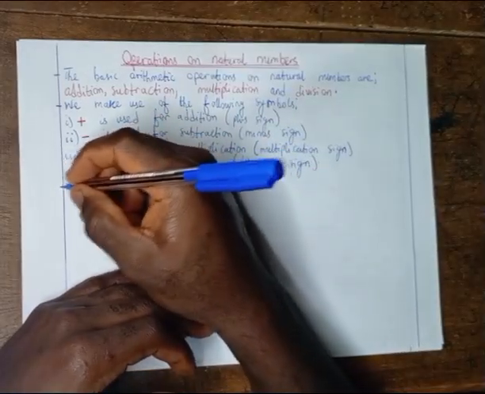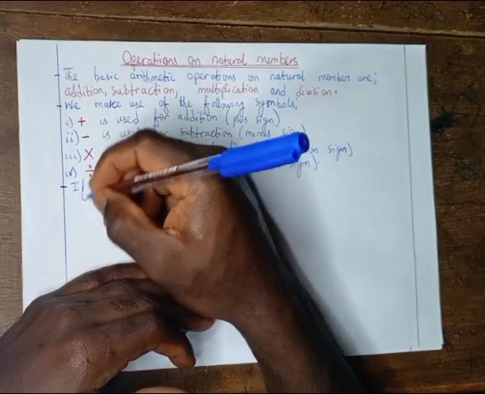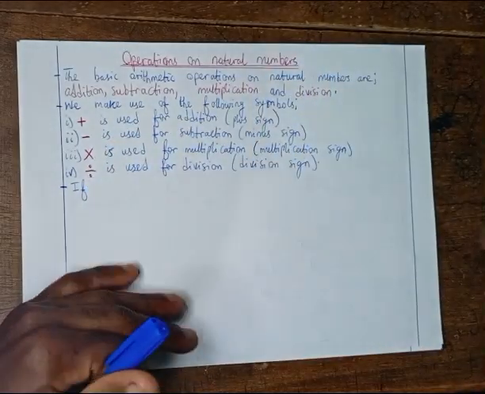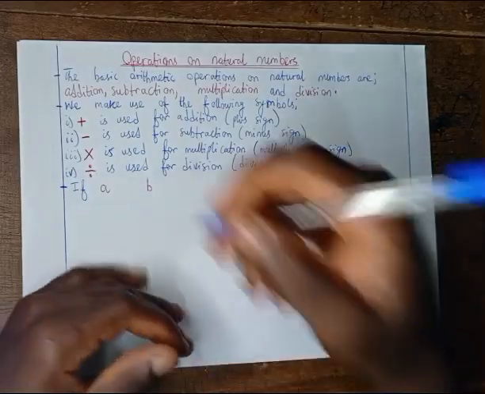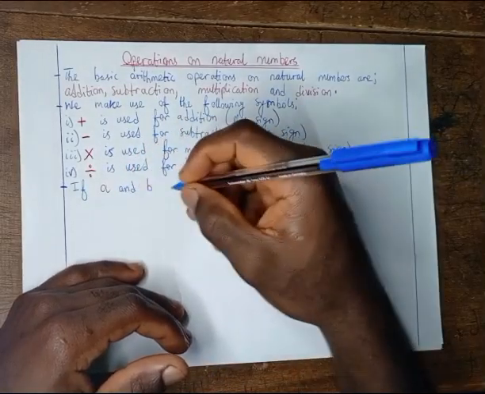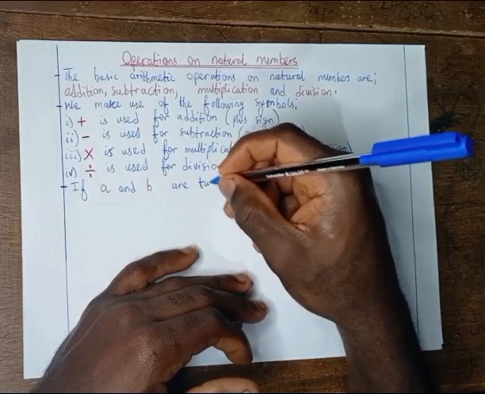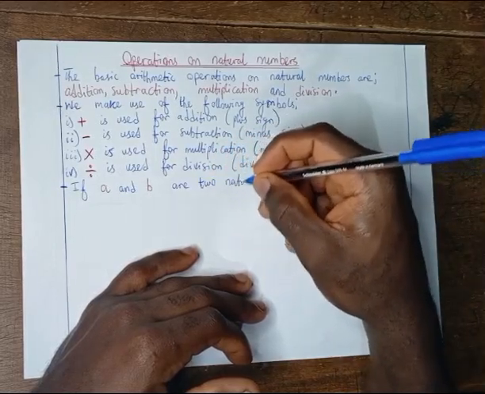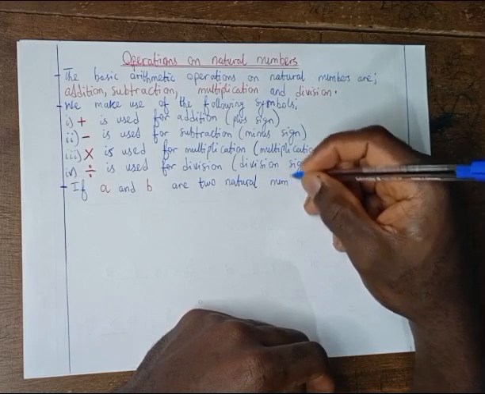Next, let's take now the next hyphen. If we take two natural numbers, A and B, I love working with the general cases, two natural numbers.